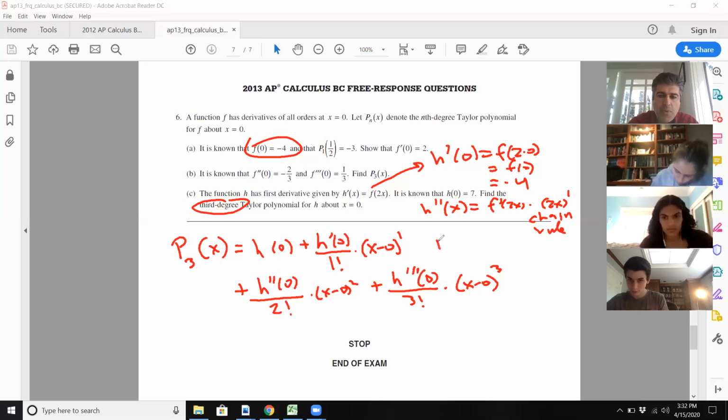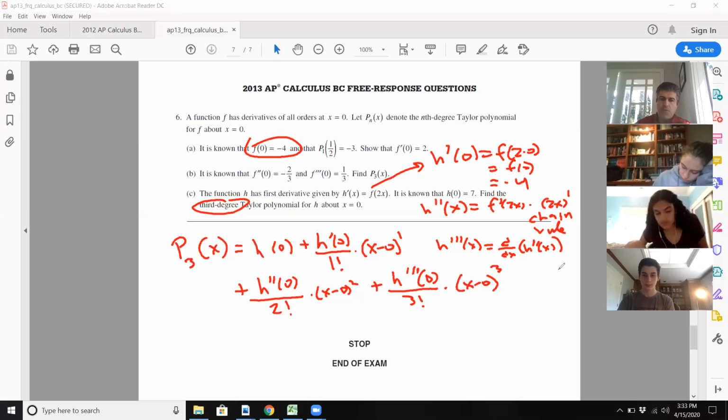And then when you do h triple prime of x, you're basically doing f double prime of 2x. But in essence, really what you're doing is the derivative with respect to x of h double prime of x. So it's somewhat of an iterative process. So I'll have you guys try it, see what you get. I'll give you a few minutes and we'll discuss. Then after that, we'll do a Taylor series.